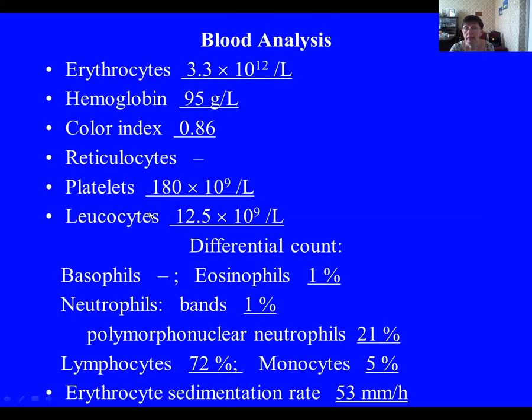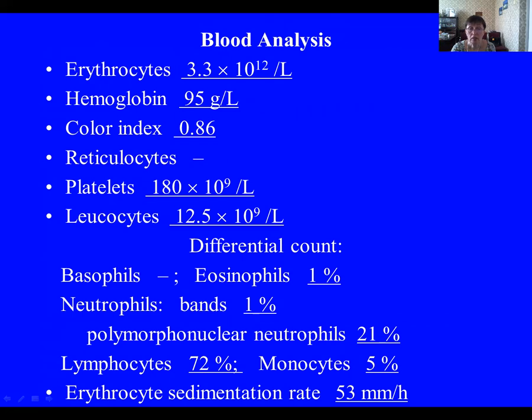And let's examine the blood analysis of such a patient, and we see the low level of erythrocytes, low level of hemoglobin. This anemia will be normochromic, as we said before, and there will be no reticulocytes and no regeneration.